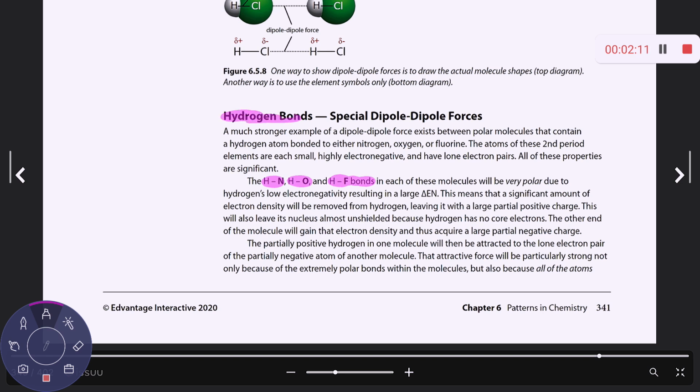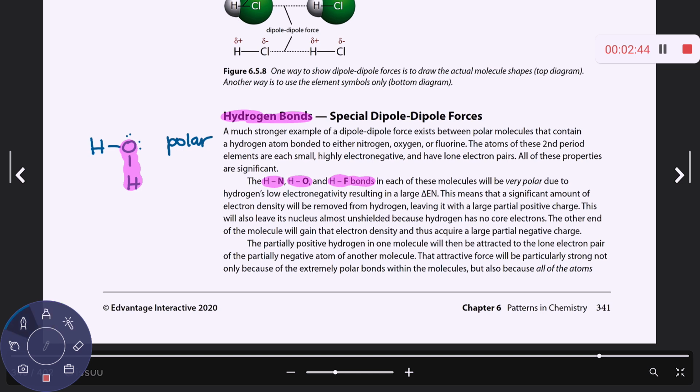So if the molecule is polar and it has one of these three bonds, it has the ability to hydrogen bond with something else, okay? And the way that this happens is, let's say you've got a water molecule, which looks something like this. Water is a polar molecule, and it contains an OH bond. So therefore, it has the ability to hydrogen bond with something else.